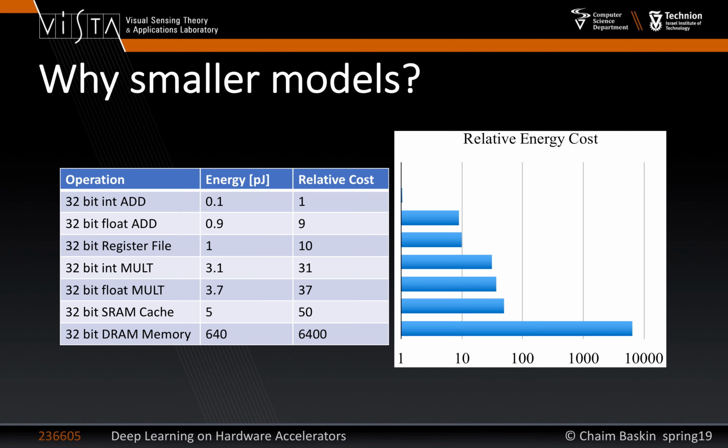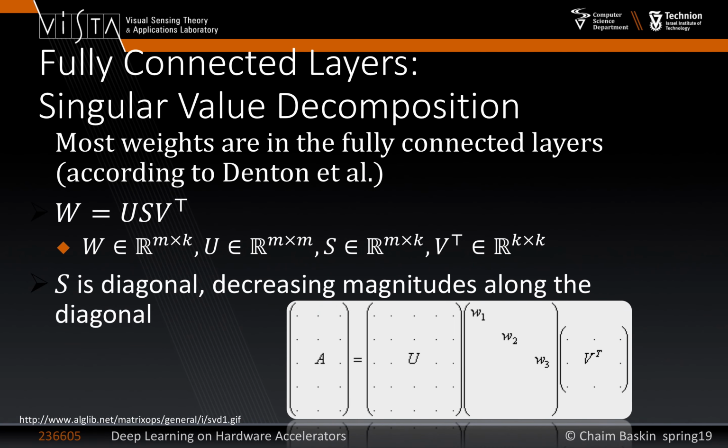When we work with operations that are less than 32 bits, like 8 bits, they consume less energy. So we prefer to work with smaller precision operators.